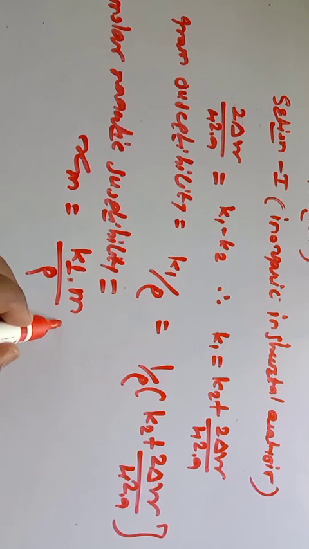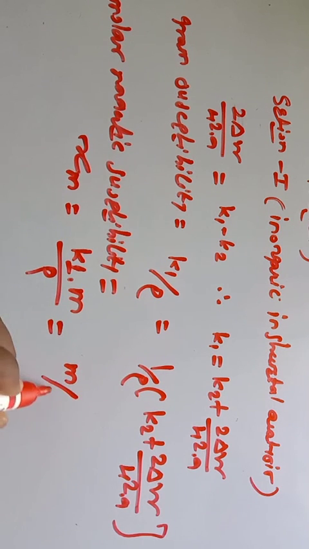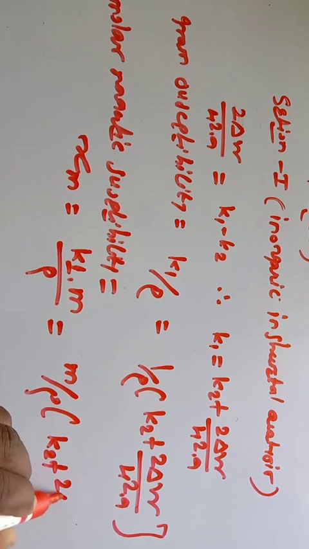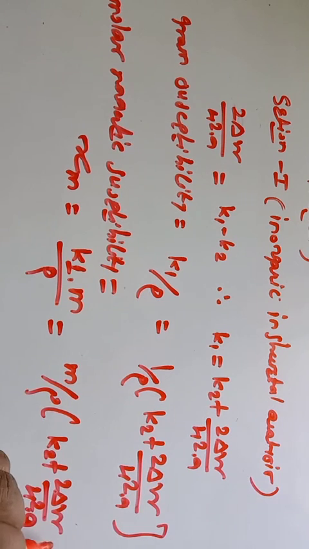So we can write this as M by density in bracket k2 plus 2 delta W upon H square into A. So if all these terms are known, then we can easily find out the molar magnetic susceptibility or gram specific susceptibility.